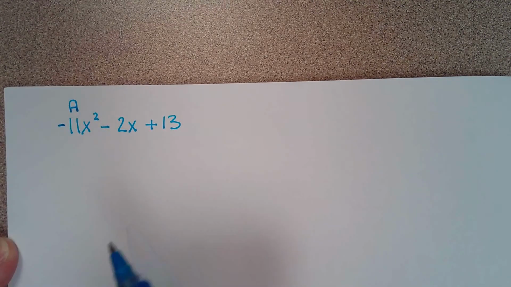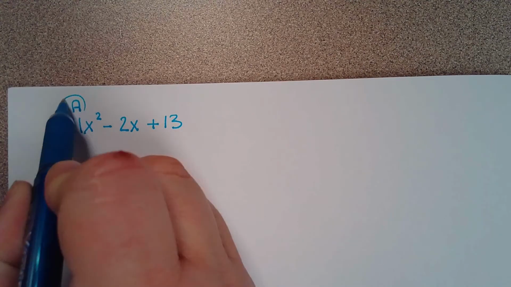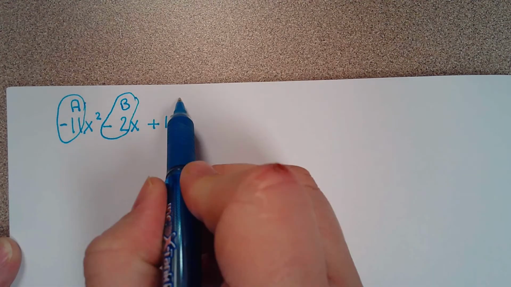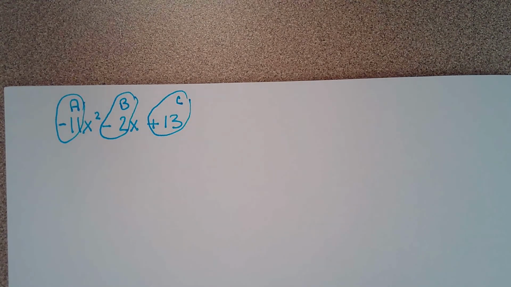I want something interesting here. I'm feeling a little bit of math sassiness. So we have negative 11 this time. That's my A. Let's have my B be negative 2, and my C positive 13. So right there are my 3 numbers.